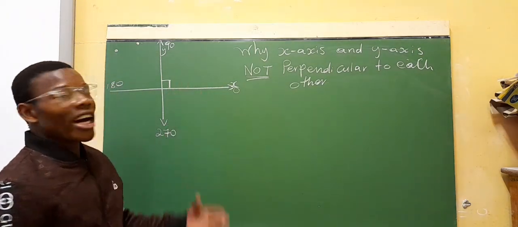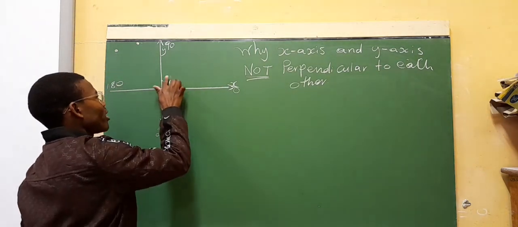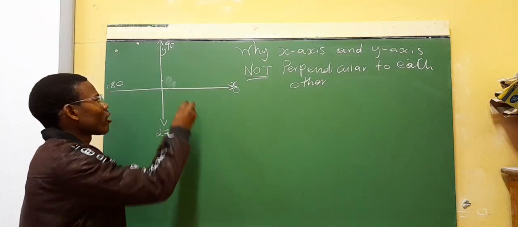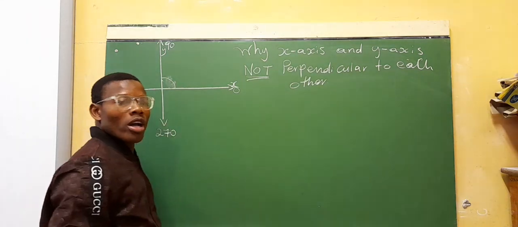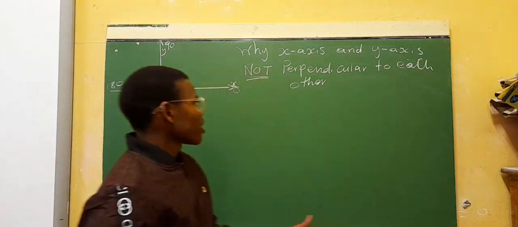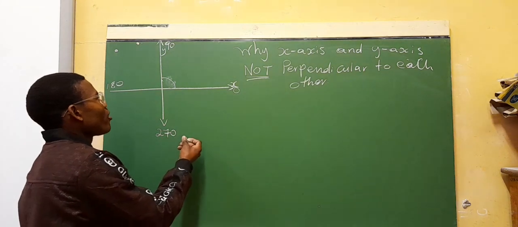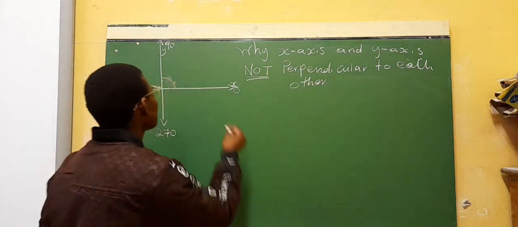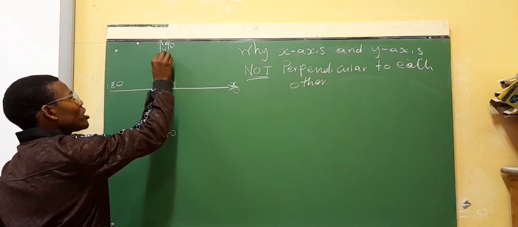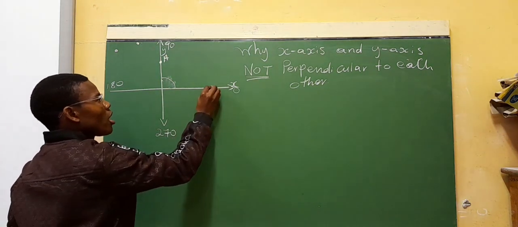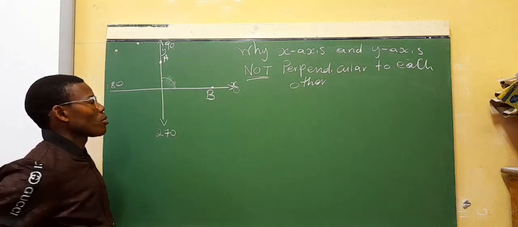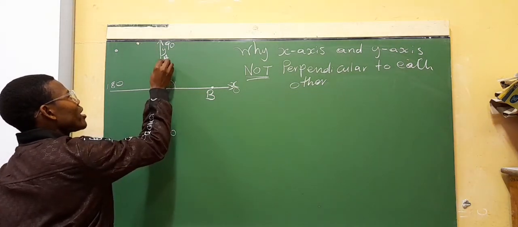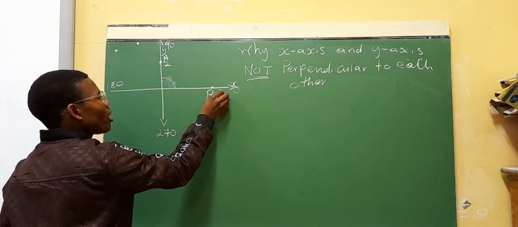Now, I say they are not perpendicular to each other, for a certain reason. Why do I say so? According to the way I understand how to prove perpendicular lines, let's say I have this point A and point B. Let A be 2 and here I have 3.